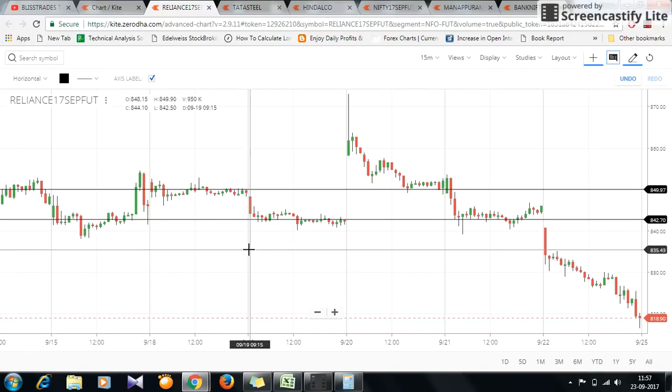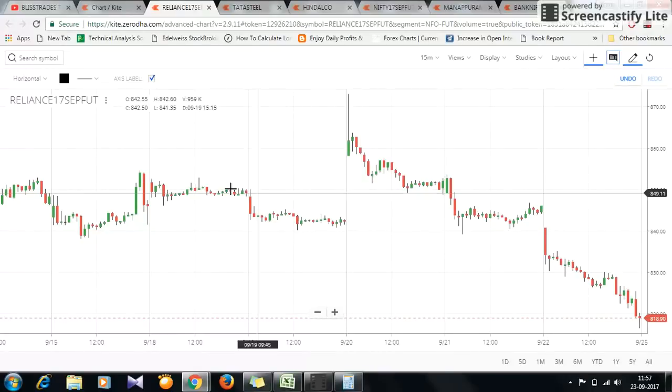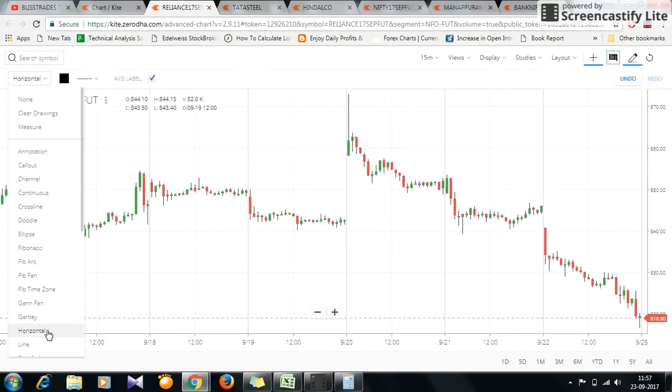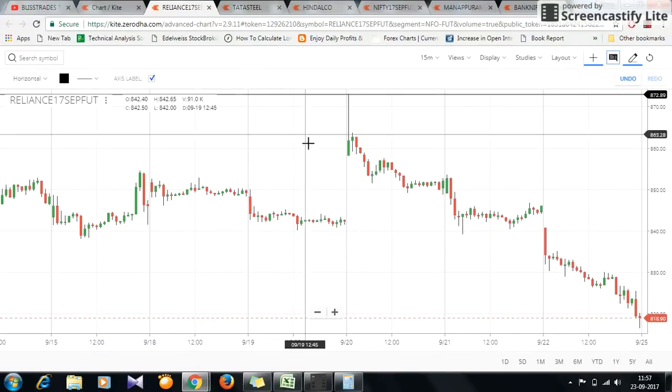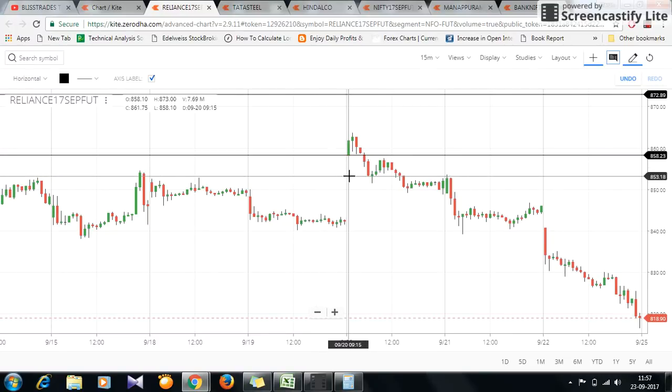So this was on 19th of September. So 20th September, you wait for the first candle to get finished, and you put orders, buy order here, and again the sell order here. So you can calculate the risk here, the high and the low, that is around 25 bucks.